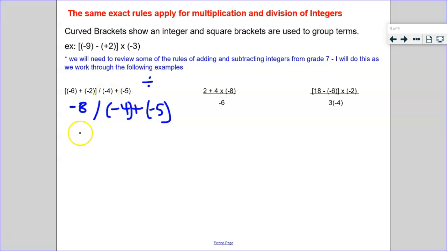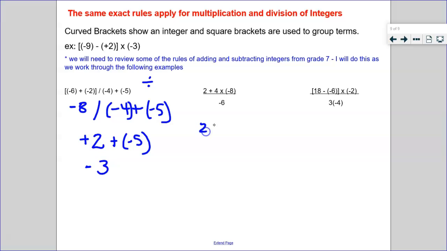Okay, so -8 divided by -4, we know the answer is a positive because signs are the same. So we have +2 plus -5. And I know that answer to be -3. Okay, up here, this is a little different because you need to do what's on top first before you divide what's on the bottom. That applies for both of these. So let's do what's up top first using BEDMAS rules.